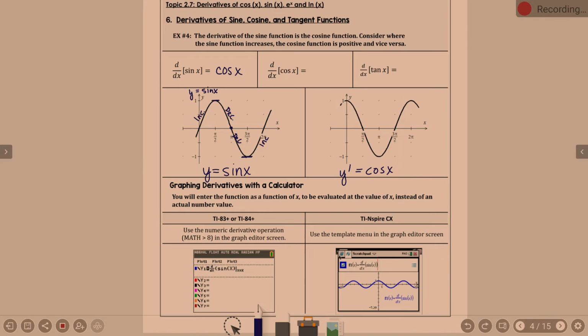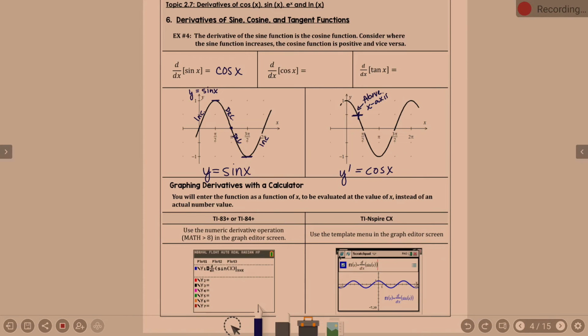What does that mean about the derivative? It's positive. What do we notice here? This is above the x-axis, and above the x-axis in a derivative graph means it's positive.